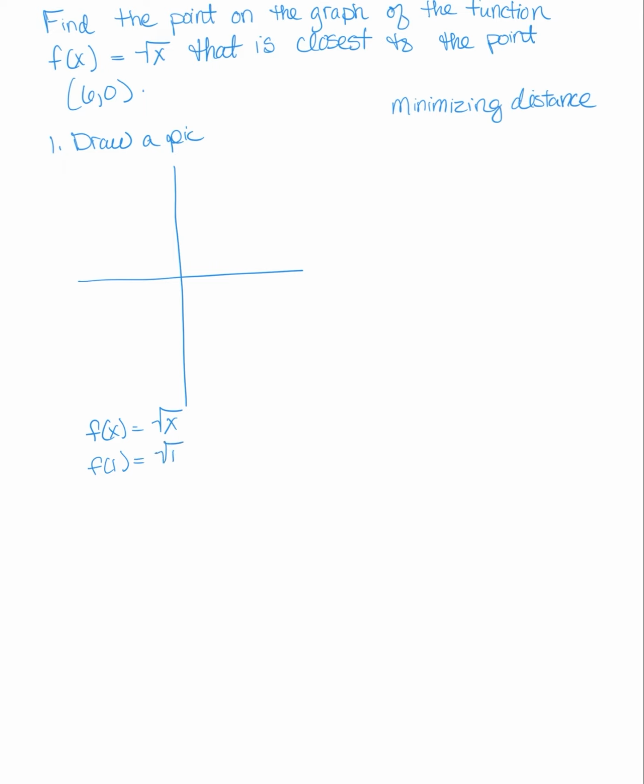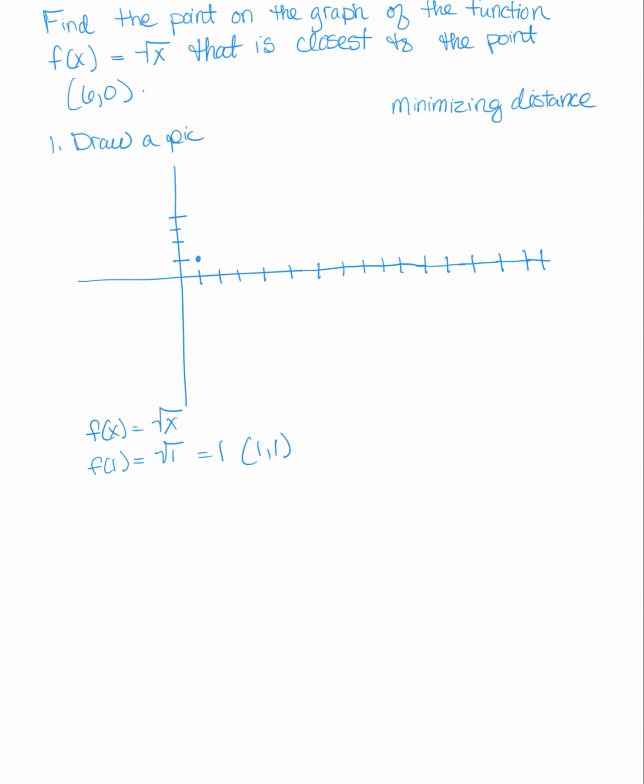Well, square root of 1 is 1, so we have a point at 1, 1. Let's go 1, 2, and I'm going to make this quite a bit longer, up to 16 on the x-axis, and 1, 2, 3, 4 on the y-axis. All right, so we have a point at 1, 1.